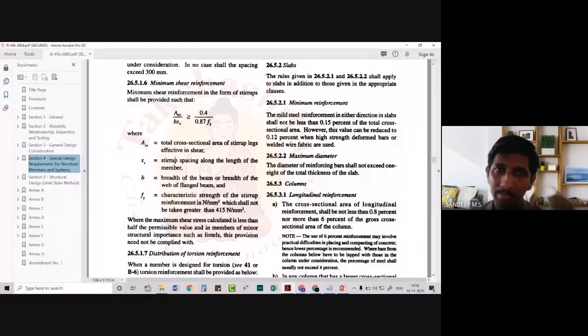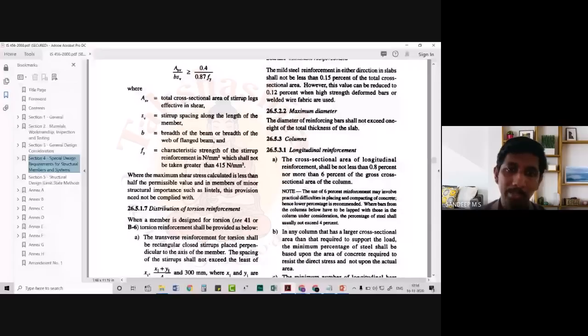We used to calculate that based on an equation, and below that, less than half. There was a condition mentioned in your code that where the maximum shear stress calculated, that is tau v, is less than half the permissible value. Permissible value means the strength of the concrete, that is our tau c.